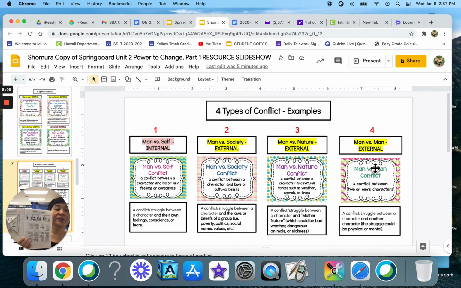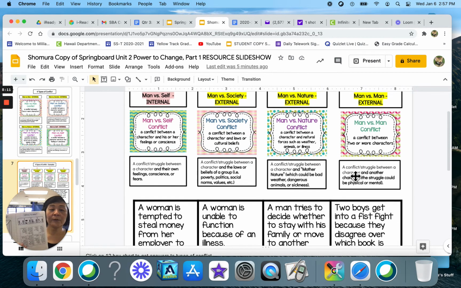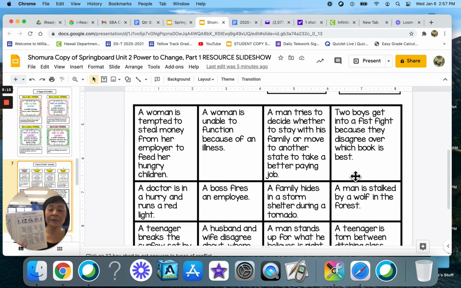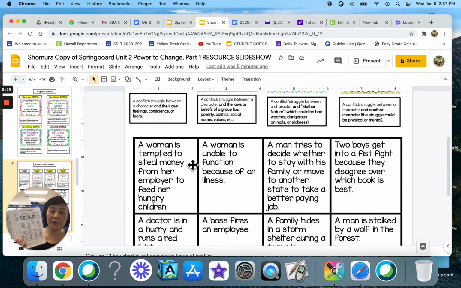And that is external, and that's going to be number 4. And so what we're going to do right now is go through and look at these examples, and these are written exactly the same, in the same order. And what you're going to do is put numbers next to or inside the box of the correct type of conflict.